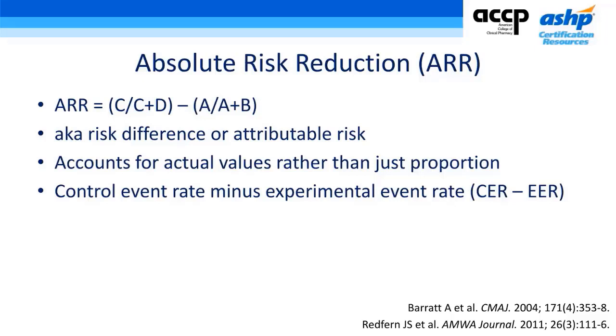I point this out because any of these terms can be used in a situation to describe the absolute risk reduction. And so the absolute risk reduction accounts for the actual values rather than just the proportion, like the relative risk reduction accounted for.